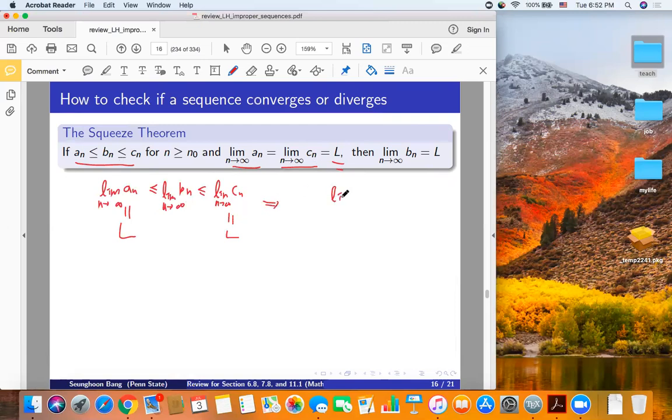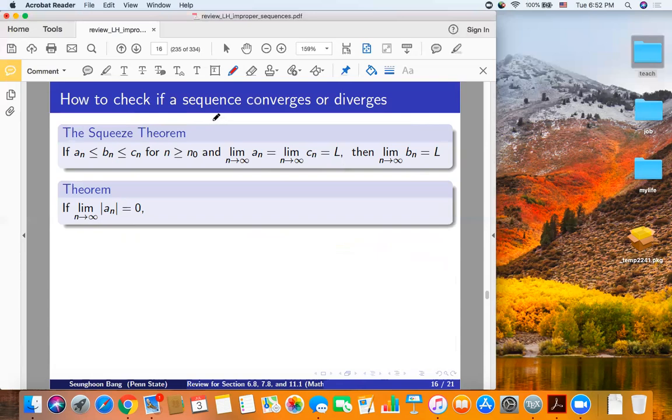The limit of the middle one, b_n, is between L and L, the same number. So what's the limit of b_n? The same number L. So we call this the squeeze theorem.